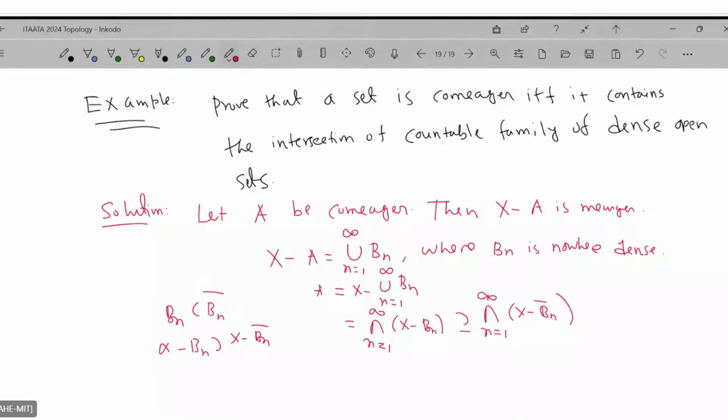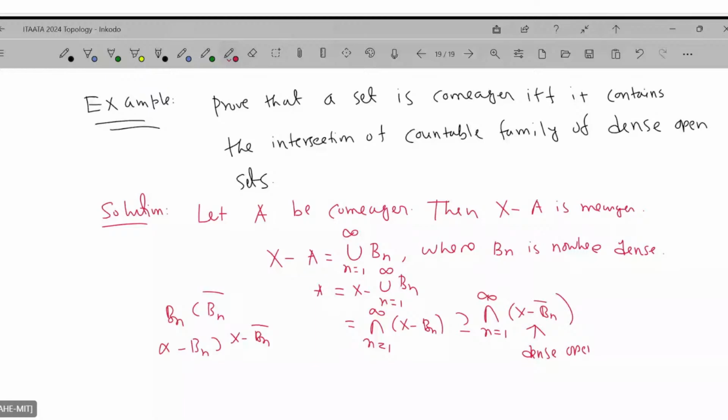This is fine. So therefore A contains a countable intersection of dense open sets. You just reverse the process to get the other way, so I don't want to spend time. The other part you can just write that way.